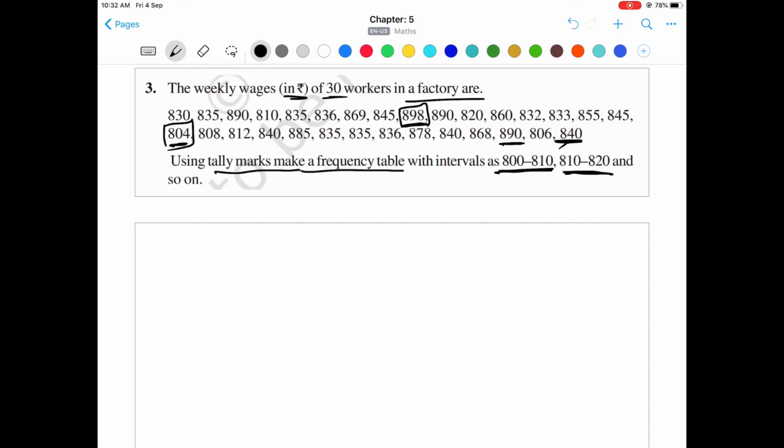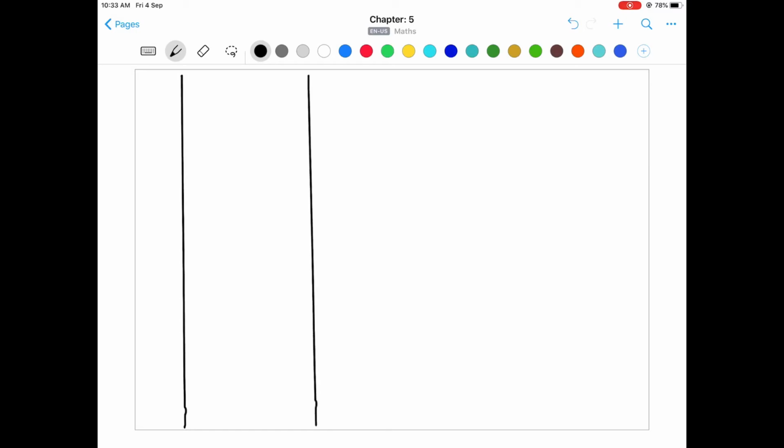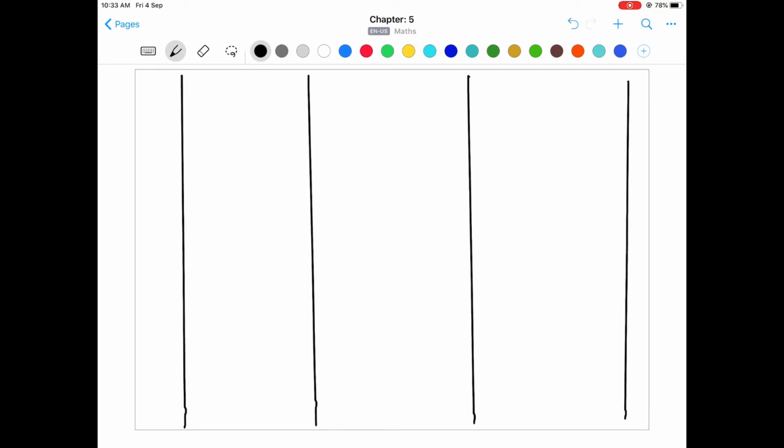Okay, so again let's make a table having 3 columns. The first one will be for the class interval, the second one for the tally marks, and the last one for frequency. Let's join this.